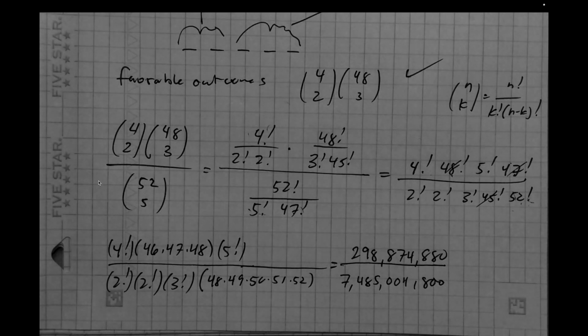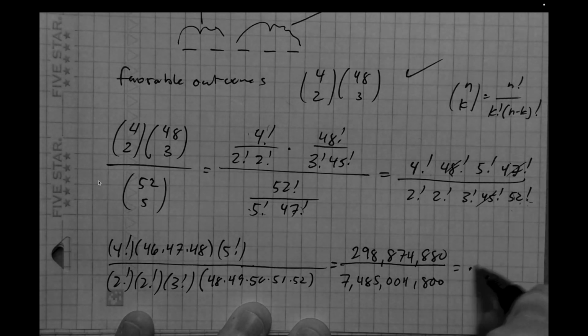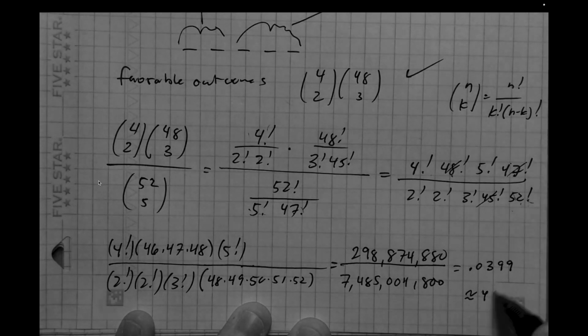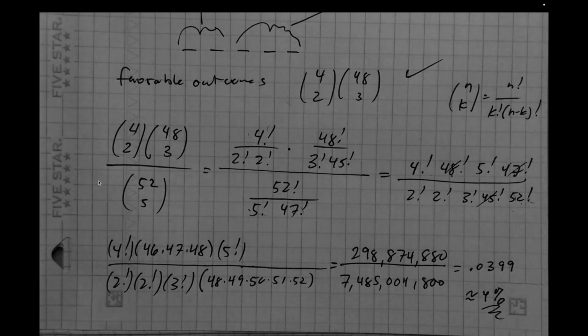And when you do that division, you see that that's approximately 0.0399. So we will say it's 4%. Okay, and so if you draw 5 cards at random from a 52 card deck, the probability that you're going to get exactly 2 aces is about 4%. We're close to 4%.